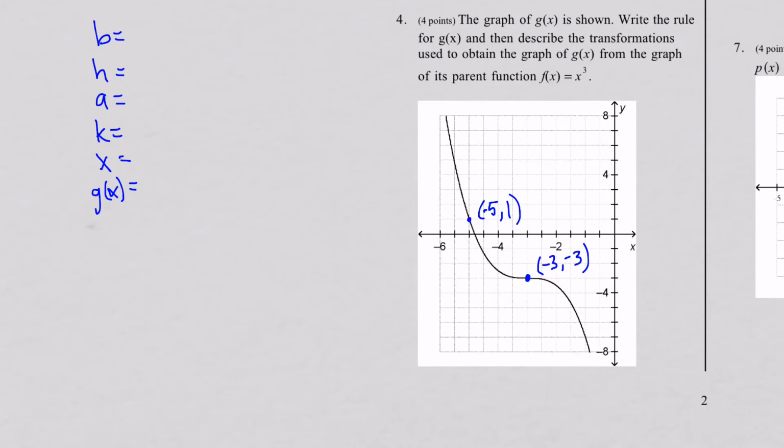We're trying to find b, h, a, and k, but we're not going to use both b and a. Either b or a is what you're going to use, and then you choose, guys, what your best option is going to be. You don't have to choose one or the other in these cases. You choose the best option. I'm going to choose a because I feel like most of you guys would have chosen a. You feel more confident with a.